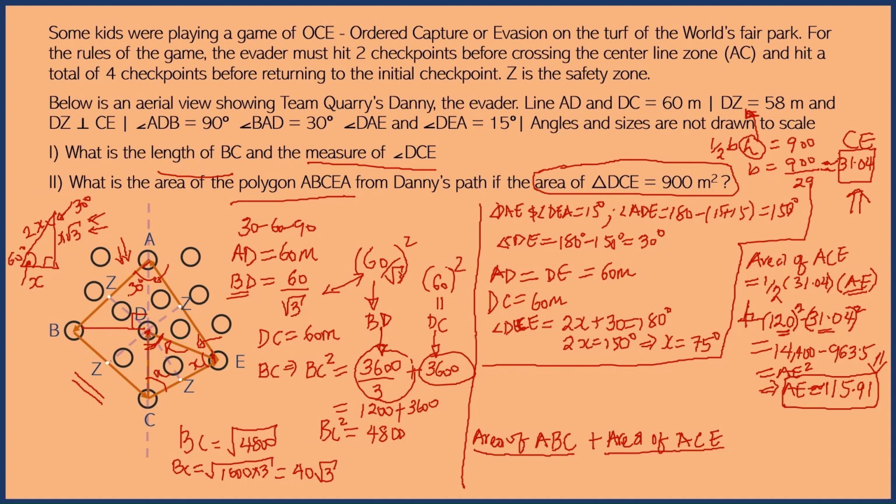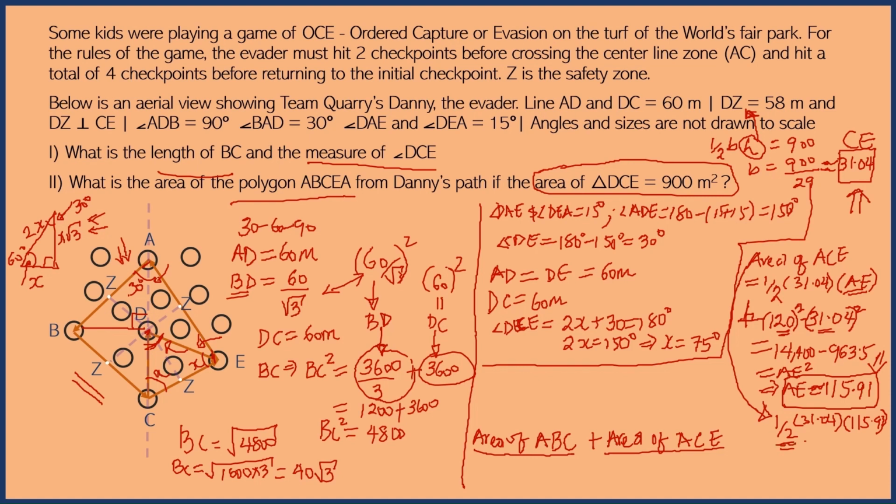Okay, so now the area of ACE, that's going to be what? Half base times height. So 1/2 times 31.04 times AE, which is 115.91.